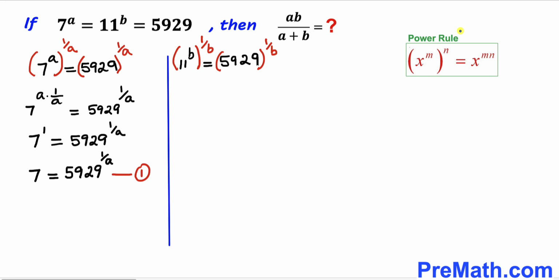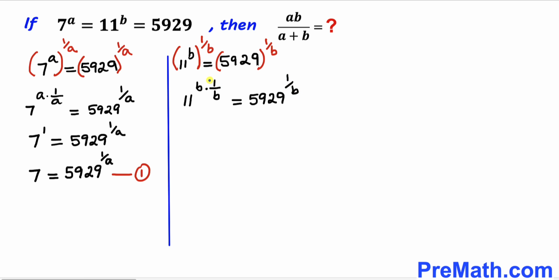And now let's recall this power rule once again: x power m and then power n equals x power m times n, and we are going to apply that rule on the left hand side over here. So we can write 11 power b times 1 divided by b is going to be equal to 5929 power 1 divided by b.